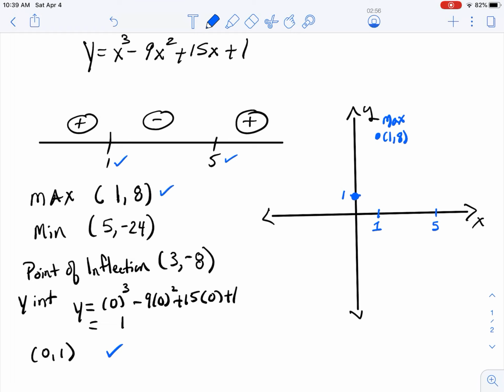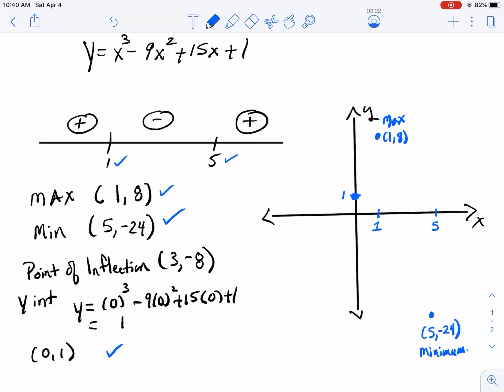Minimum, so it's 5, negative 24, so I'm going to go to 5, and then I'm going to go down here. Remember, I'm just estimating, so I'm just going to say negative 24 is about there. And I'm just going to put minimum there. Actually, I'm going to put it below there. Check mark that I did that.